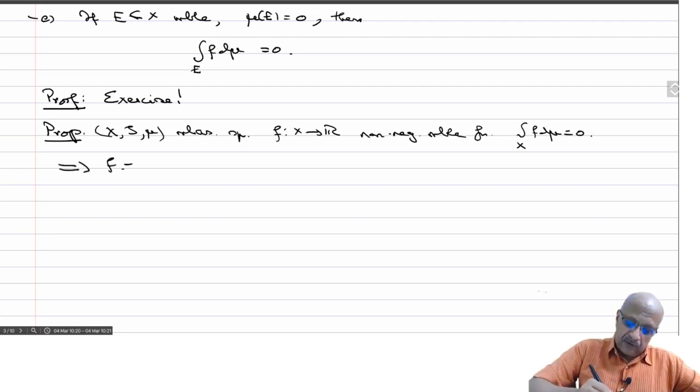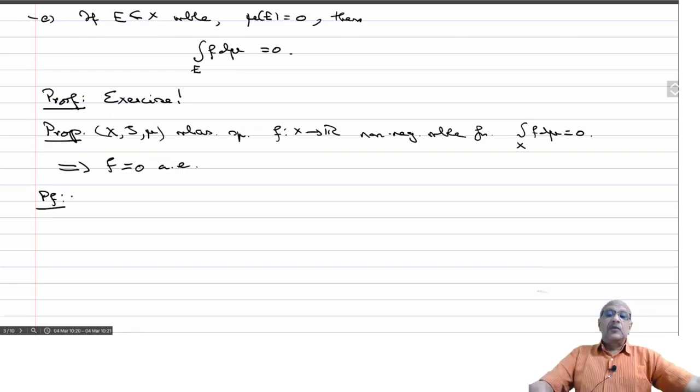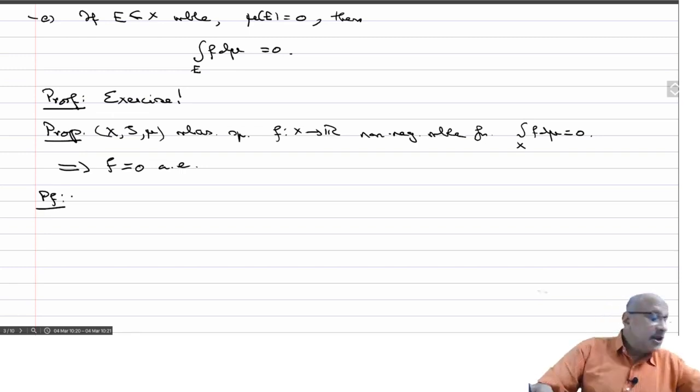Then f equals 0 almost everywhere. So if you have a non-negative function whose integral is 0, then the function has to be essentially 0.